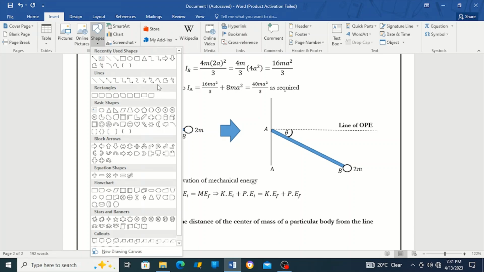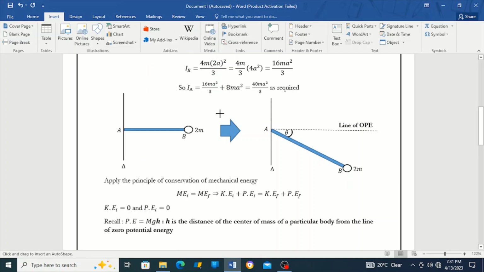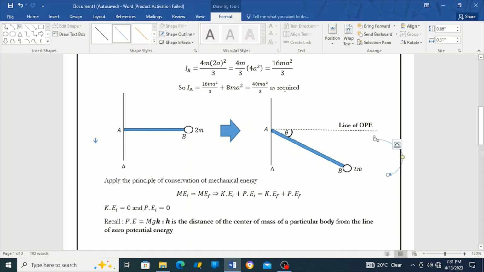It was rotating, so it was undergoing rotational motion. So it is moving somehow like this, that's the direction.